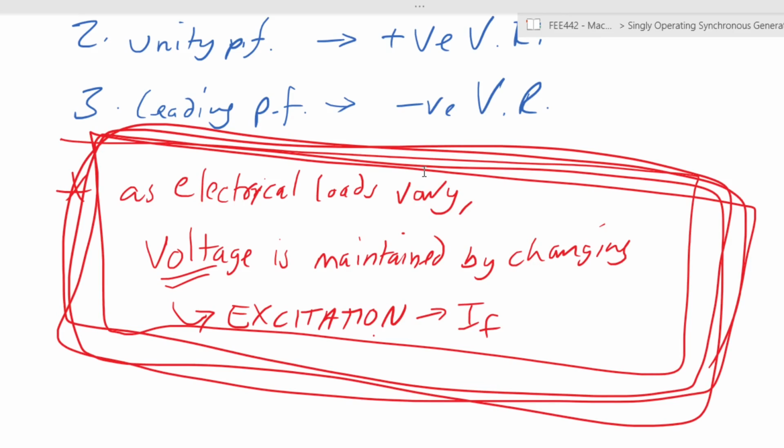So VT is related to IF. Terminal voltage is related to field current. Always remember that. It will make things a lot easier, because we'll have more and more complex situations with a series of variables. So this one will not change. Please recall that, right?